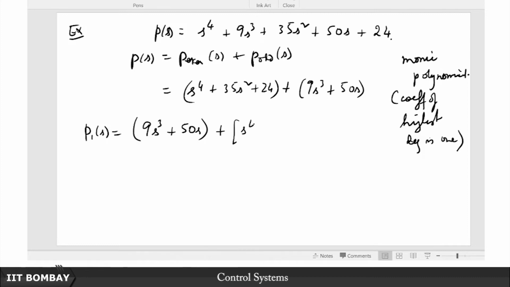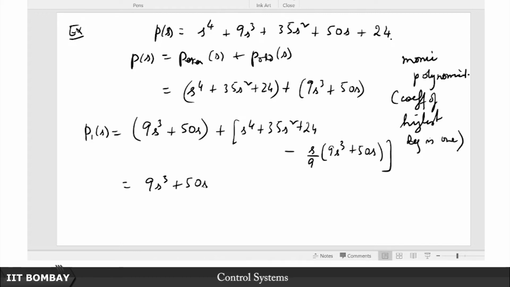How do we do that? We take s to the power 4 plus 35s squared plus 24 minus s by 9 times what we have, 9s cubed plus 50s. You see, if you adjust by s by 9, then you can manage to cancel this s to the power 4. So then s to the power 4 goes off, and you are just left with 35s squared minus 50 by 9 s squared.